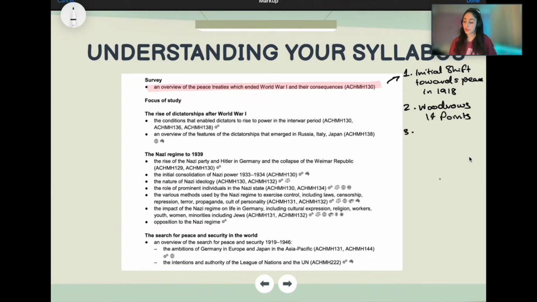We'll then be moving on to look at the armistice with Germany in November of 1918. And then we will be moving on to focus on the Treaty of Versailles.